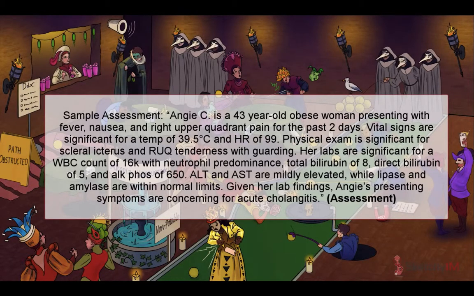Her labs are significant for a white blood cell count of 16,000 with neutrophil predominance, total bilirubin of 8, direct bilirubin of 5, and ALK-Phos of 650. ALT and AST are mildly elevated, while lipase and amylase are within normal limits. Given her lab findings, Angie's presenting symptoms are concerning for acute cholangitis.